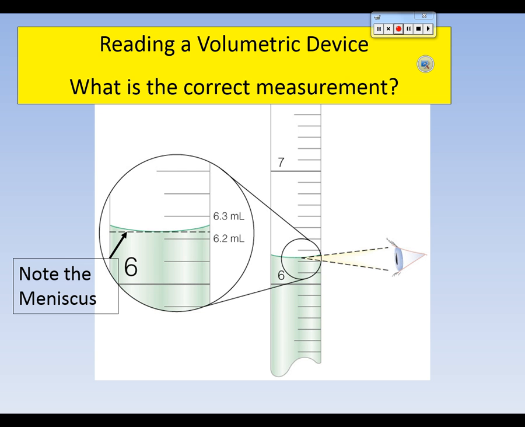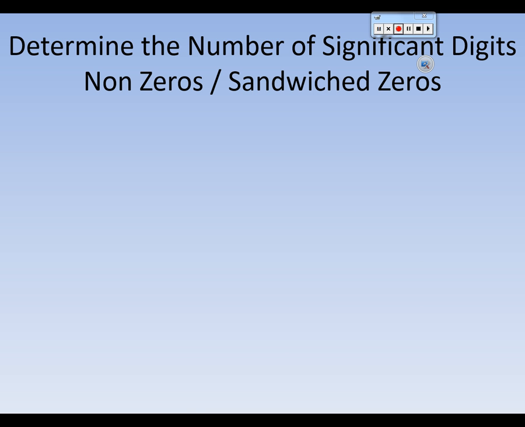So here are the rules. First, any non-zero digit is going to be significant. Always, always, always, because non-zero digits come from the ruler. So any non-zero digit is going to be a significant digit.